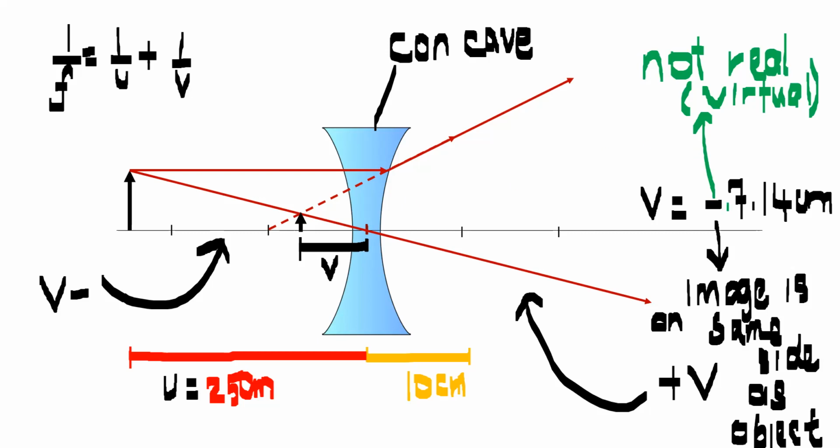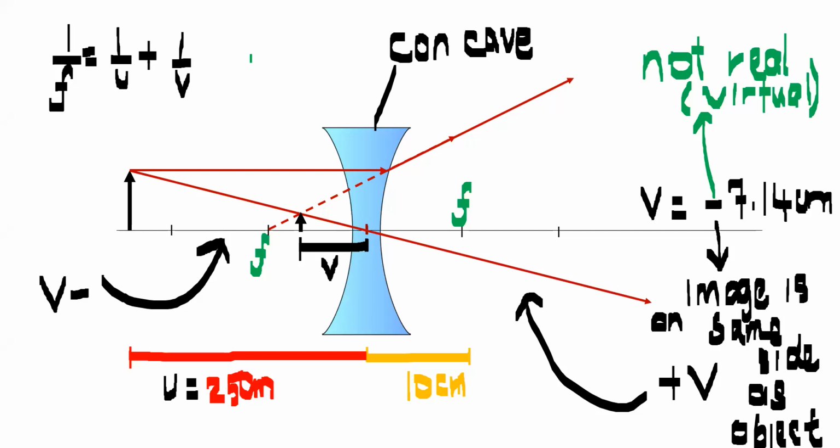So correct, the answer is 7.14. Because from here to here is 10, can you see? The focus is 10. This one is a focus, and this is also a focus. So this is less than 10, that means it's 7 point something. You get it? Who is not following? Please tell me. Kritika, are you okay? Ashni, are you okay? Satish, all okay?